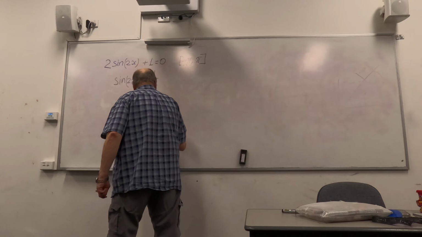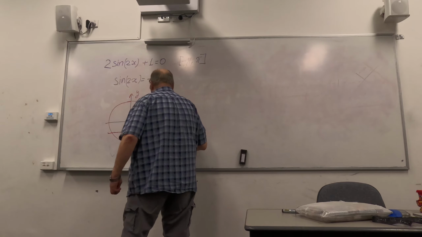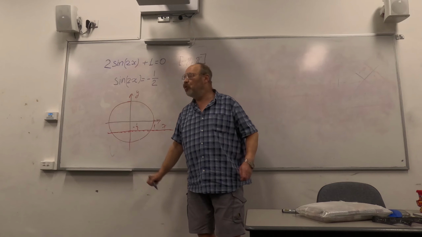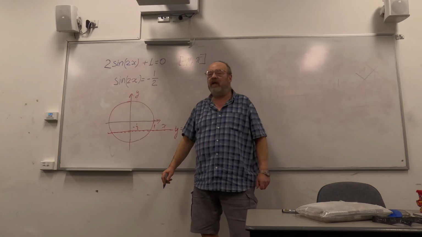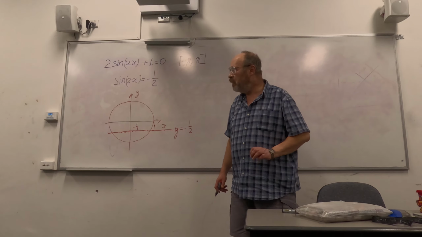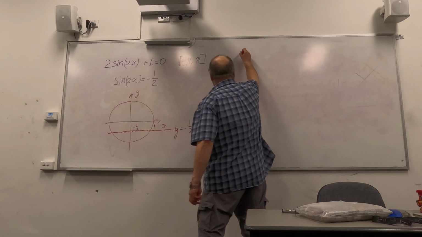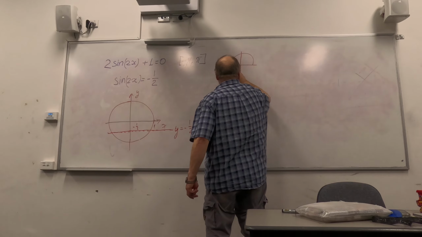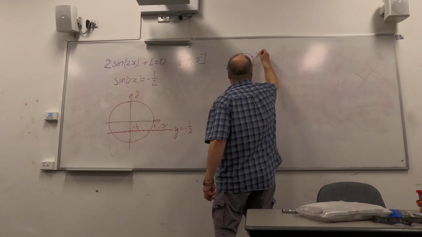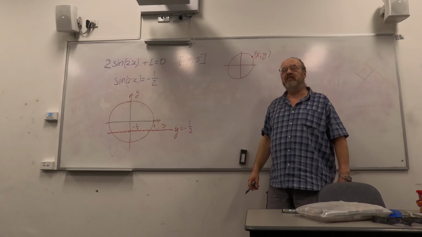Sorry, why is sine the y coordinate? Why does this happen? Sine 2x equals negative 1/2. Okay. When we have a point on the unit circle with radius 1, and the point has coordinates x, y, what does x equal, what does y equal?